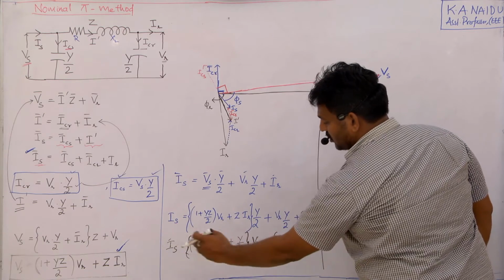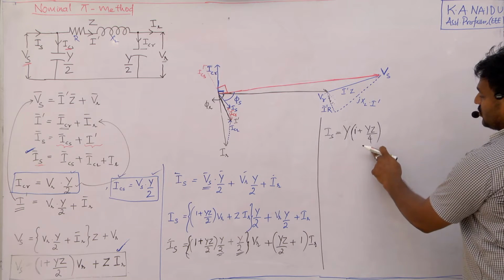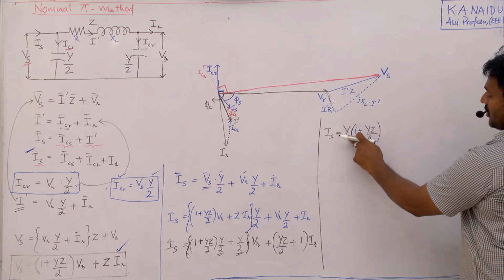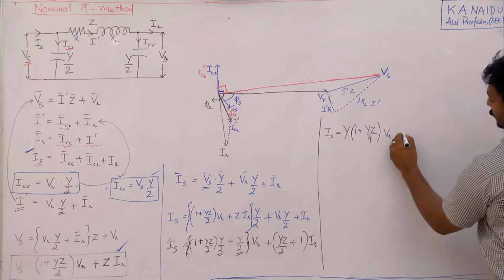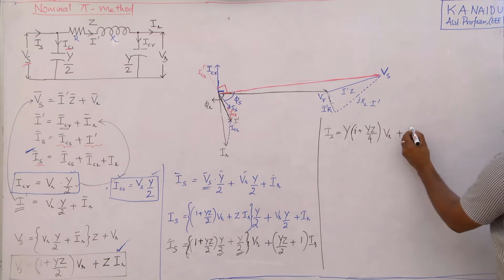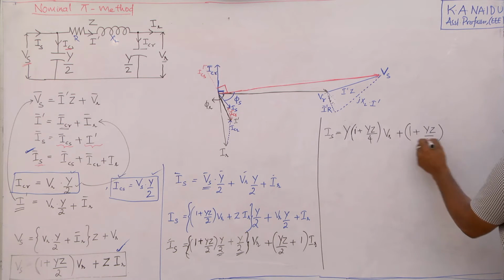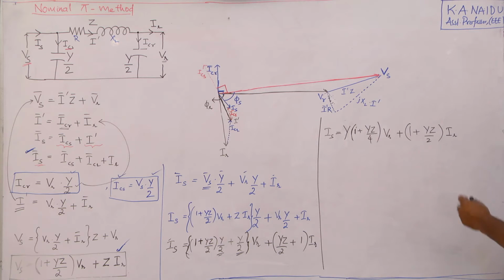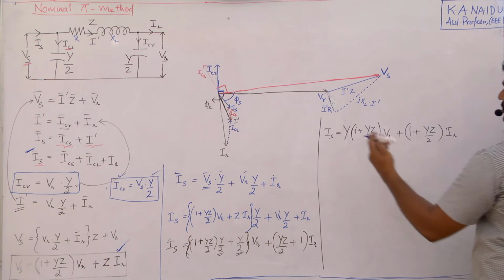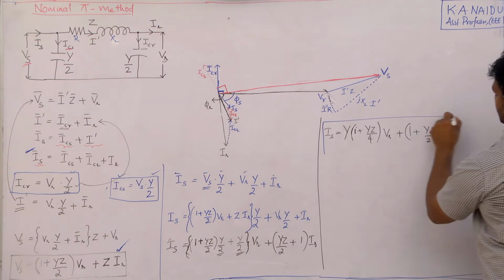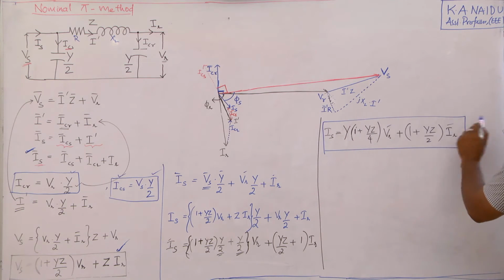If you take out that y common, you will get 1 plus yz by 2, y into 1 plus yz by 4 into Vr. And here you can directly write 1 plus yz by 2 into Ir. So now we got the voltage and current in terms of the sending end voltage and sending end current in terms of Vr and Ir.